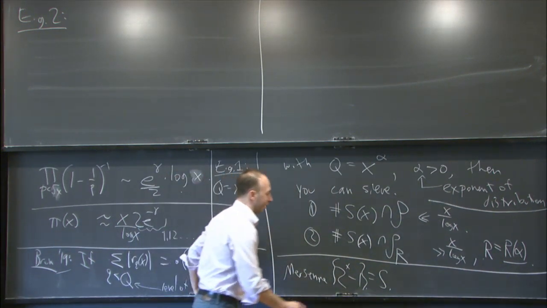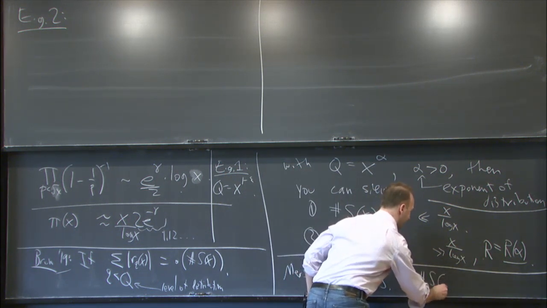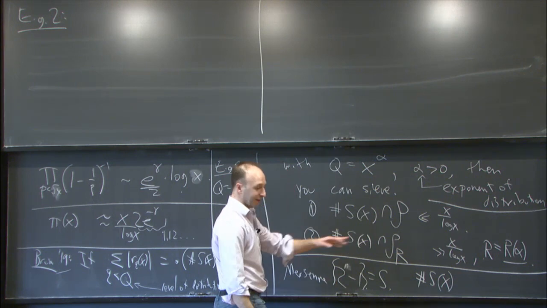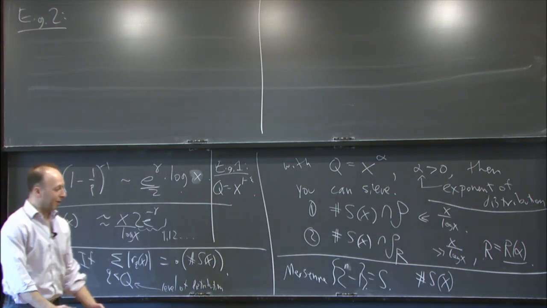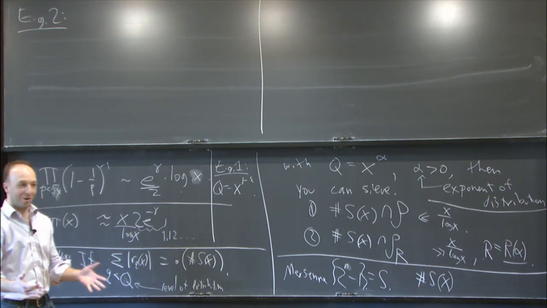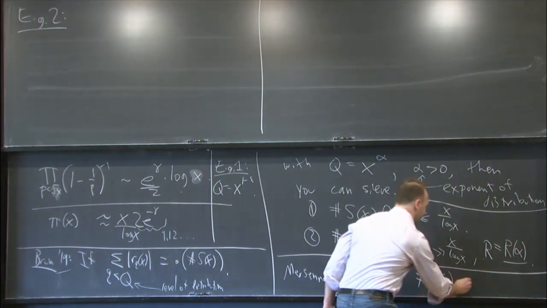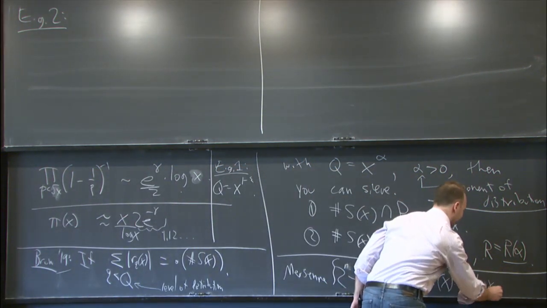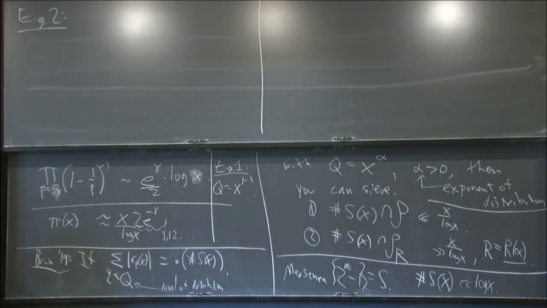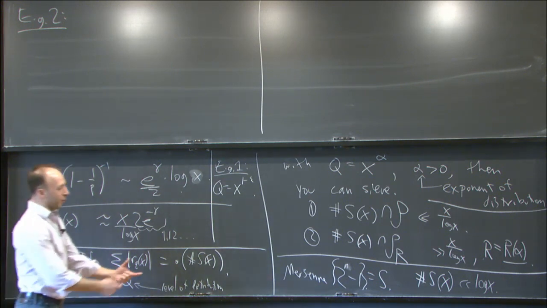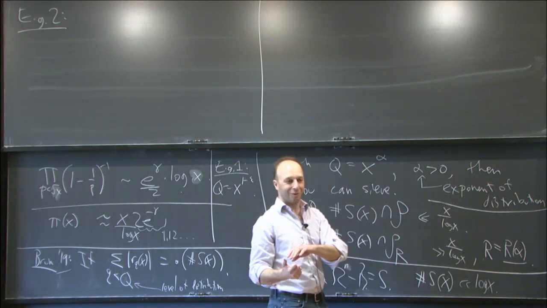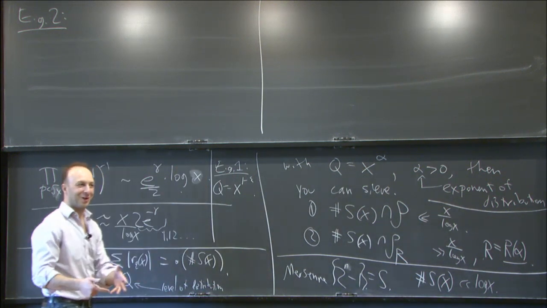And how many numbers are there in S of size x? Let me write this 2 to the n minus 1. How many numbers of the form 2 to the n minus 1 are there at most x? Log x, right? Because log's bounded, right? The point is, if you want to study these numbers, why doesn't the sieve work? First of all, it shouldn't work because the statements that you would want to prove are false.